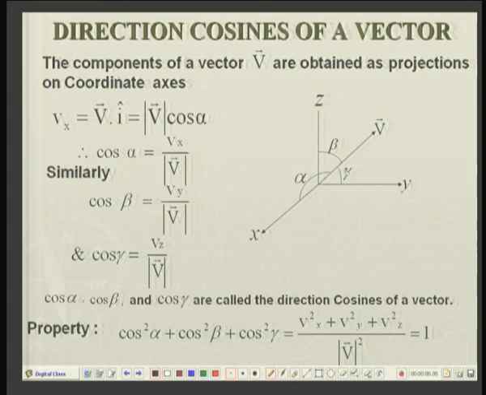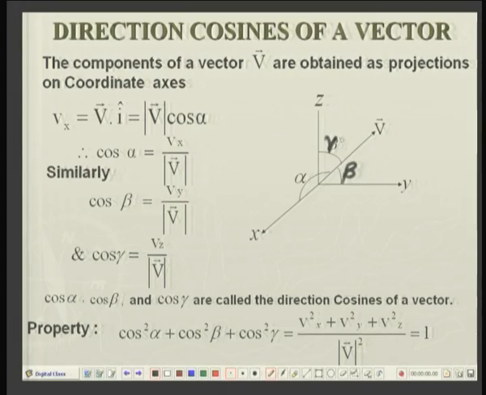Similarly, cosine beta is the cosine of the angle between vector V and the y axis, and this is the angle between vector V and the z axis. Each time you consider the unique plane containing the vector and the corresponding axis. So angle alpha is the angle between the x axis and V, angle beta is the angle between the y axis and V, and angle gamma is the angle between V and the z axis.